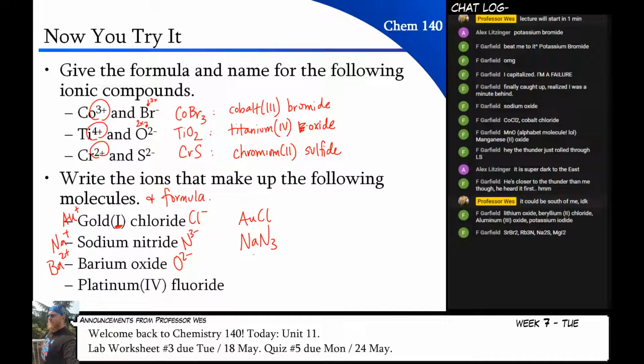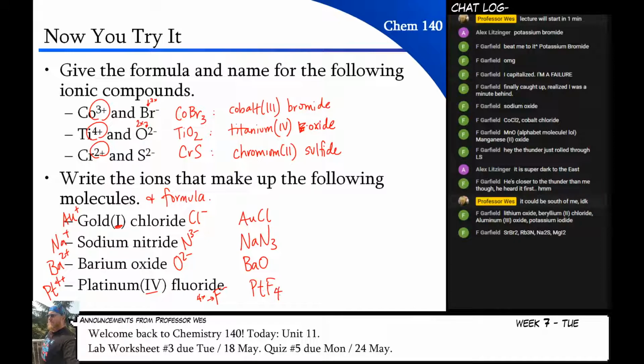Oxide, that's old hat. We can put those together. Platinum with a 4 here would be platinum 4+. Fluoride is F-. I need 4 of these. PtF4. There you go. That's how we name ionic compounds.